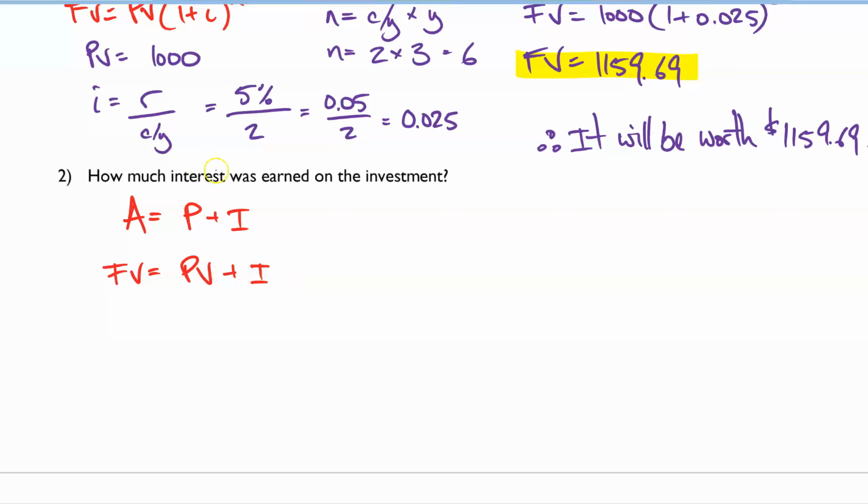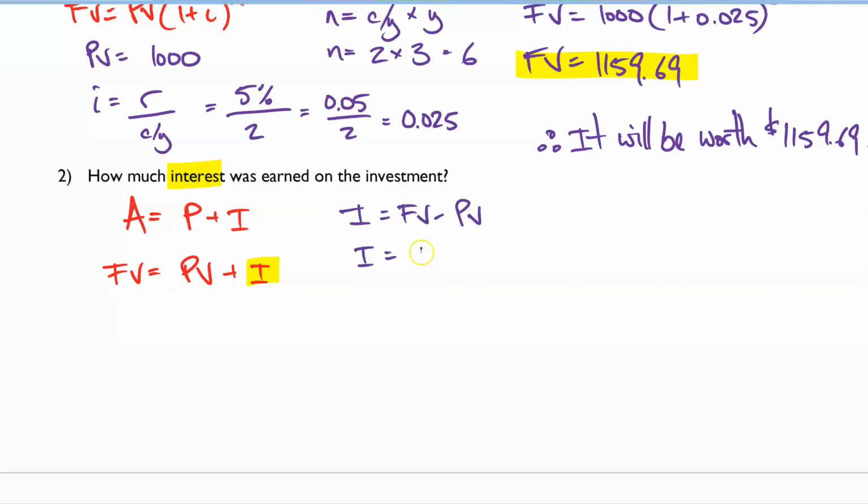And when I'm asking you how much interest actually occurred, I'm actually asking you for the interest. What is capital letter I? Capital letter I is not a decimal or a rate. It is the actual amount of interest that happened. Okay, so let's isolate it. Let's send that PV to the other side, and let's work it out. So we're going to say I is equal to FV subtract PV.